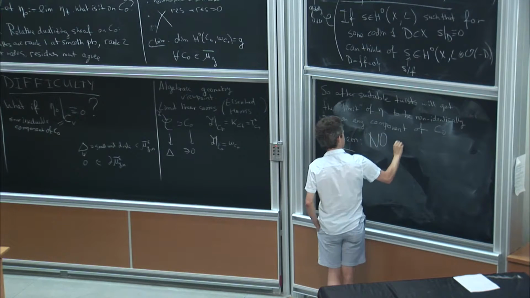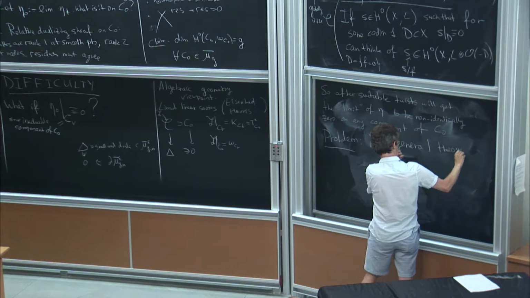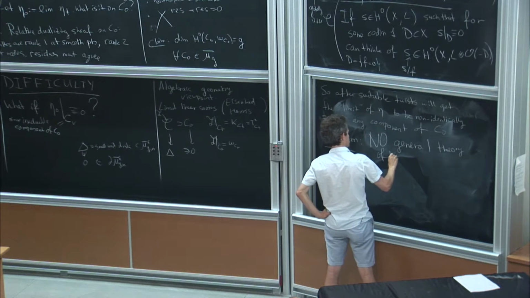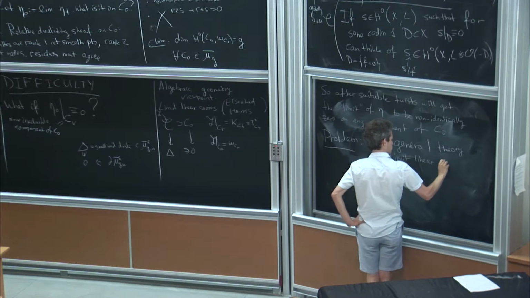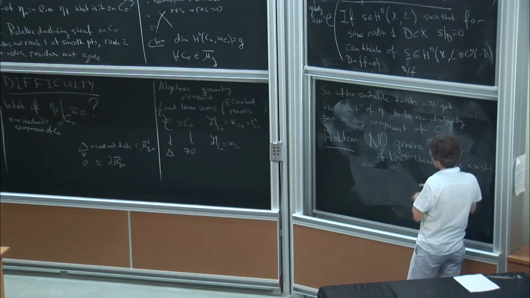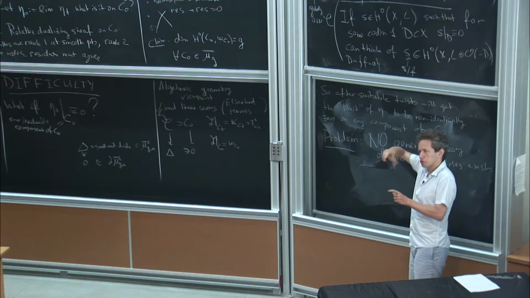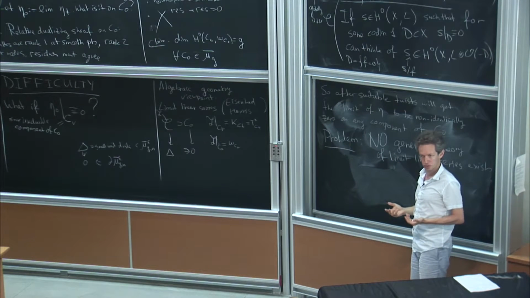No general theory of limit linear series exists, so you can't do this in general. The issue is basically that you can start twisting on one component, then twisting on the other, and then you keep twisting and twisting and twisting, and where on earth do you know when to stop?